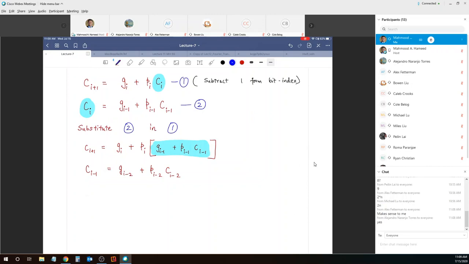Let's call that equation 3, and the way we got that is, again, subtract 1 from bit index. Copy, paste. And we did that on equation 2. Which means I can again substitute this over here.